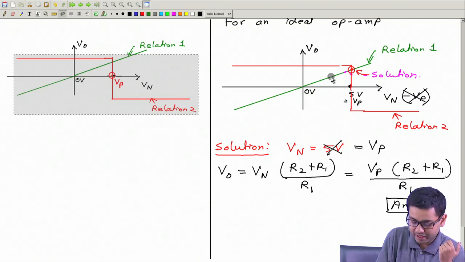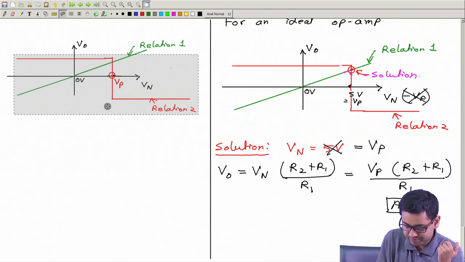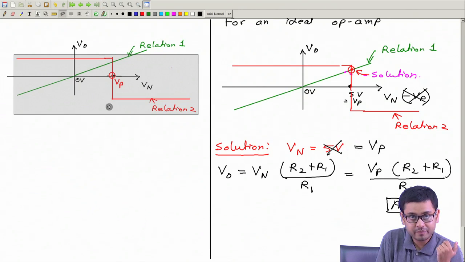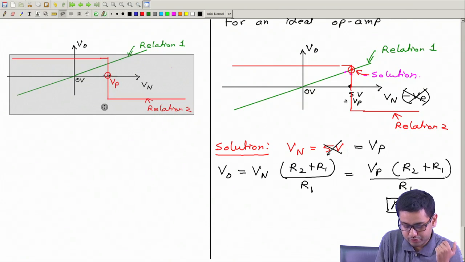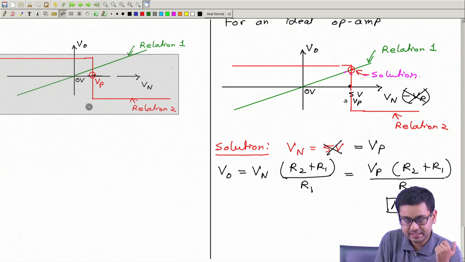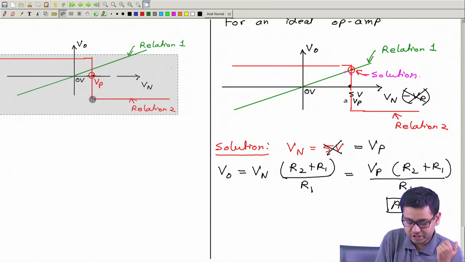Okay, what happens, I'll show you through this animation. If I reduce Vp, then this red curve will move from right to left like this. If it is moved here, so now this is Vp, then this point, where my cursor is, will be the solution, the value of Vo.